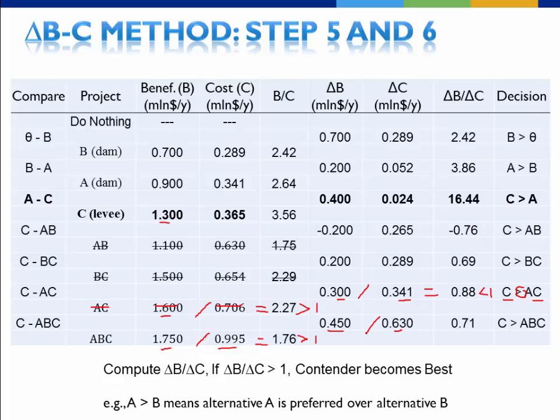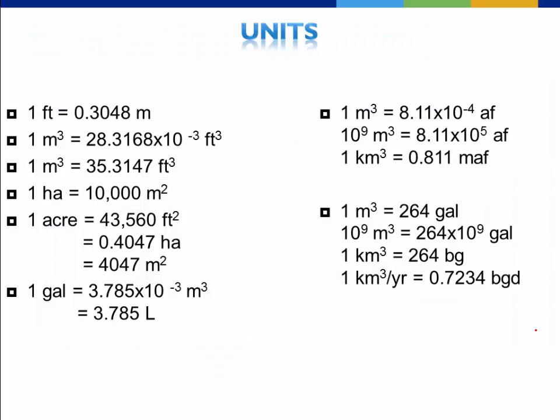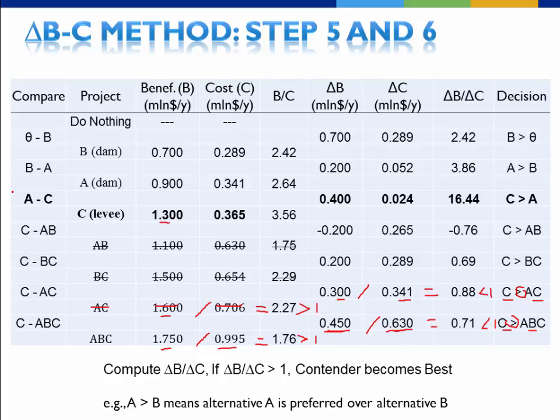If you do this division, it's again less than 1, meaning that the increment in the cost outnumbers the increment in the benefits. And in this case, again, C is preferred over ABC. So as you can see here, the policy that we will choose over all of them will be project C. So this is how you compare a lot of these projects.